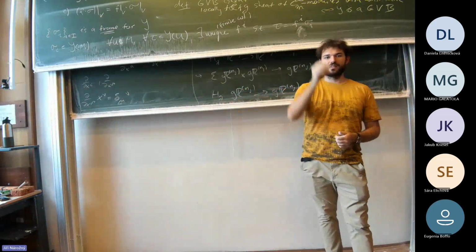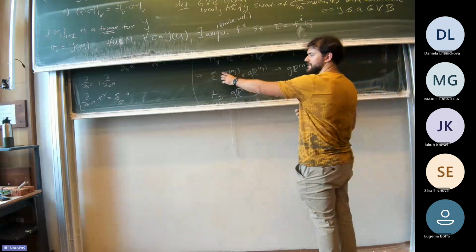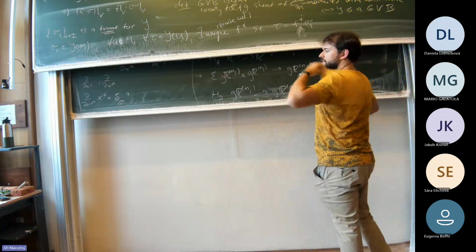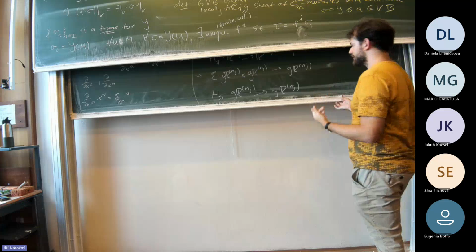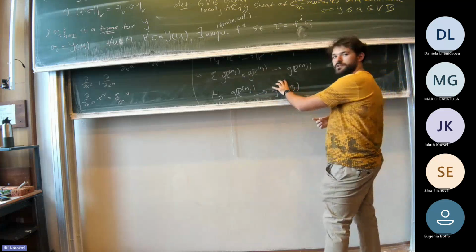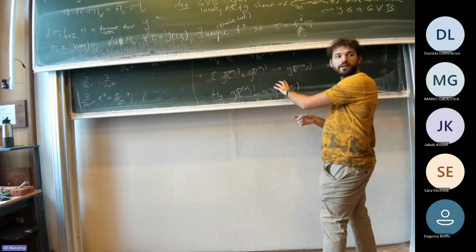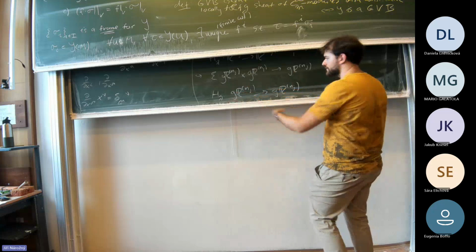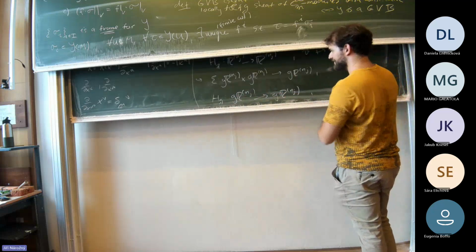So what you need is the map between the underlying smooth manifolds, and then you need the pullback of graded functions. It turns out that when you have global coordinates, to define the pullback on every graded function you just need to define the pullback on the coordinates themselves, and then it uniquely extends to every graded function. That is a very useful thing.